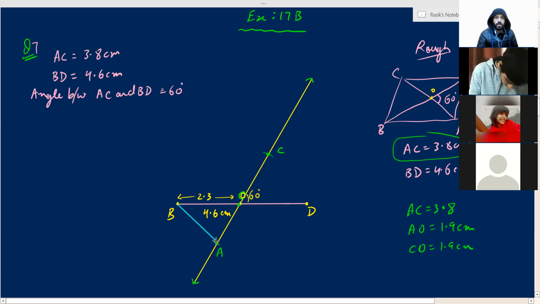So join AB, join BC, join CD, and join AD. This is your required parallelogram.